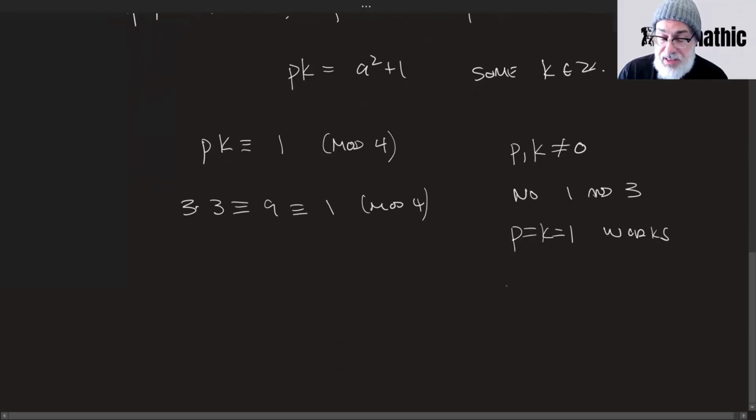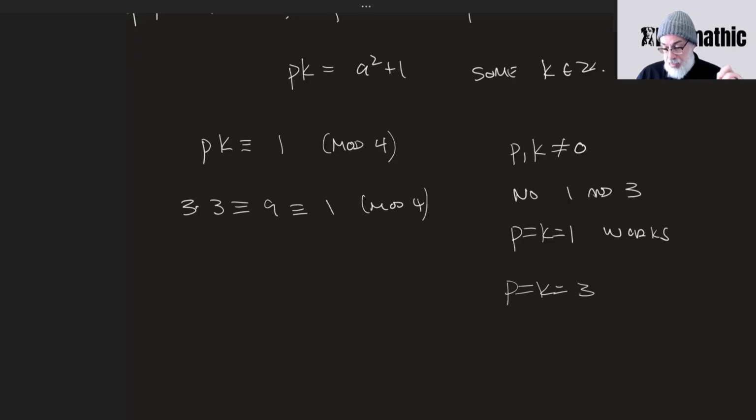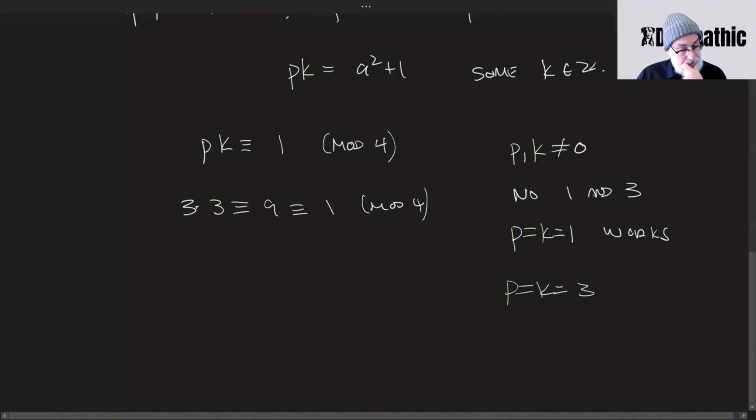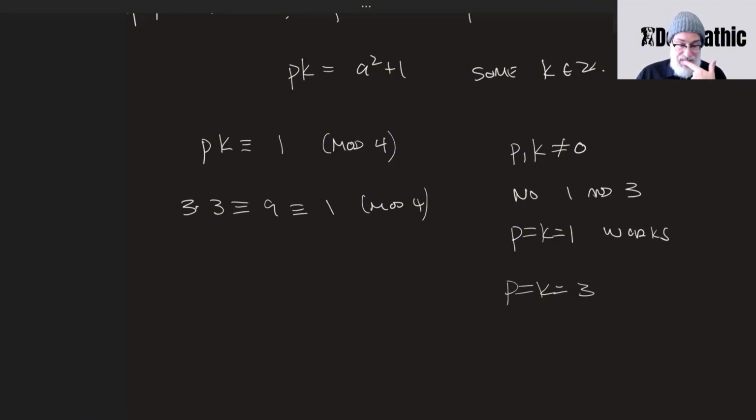So that means that I can have p equals k equals 3. So that doesn't work. So p can be 3, and that's certainly not 1 mod 4. So is that a dead end then?